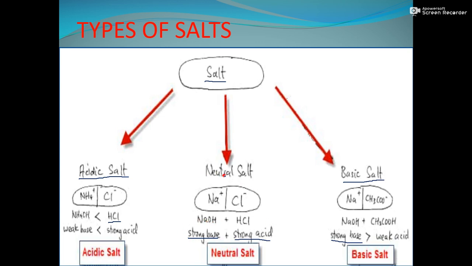So acidic salt means strong acid is used for the making of that salt. Basic salt means strong base is used for the making of that salt, and neutral salt means both are either strong or weak. By this we can define the types of salts.